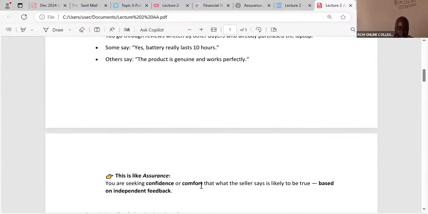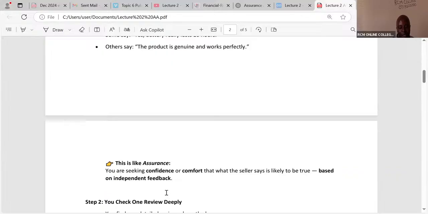So this is like an assurance. I'm getting comfort from many people giving testimonies. You are seeking confidence that what the seller says is likely to be true, based on independent feedback.